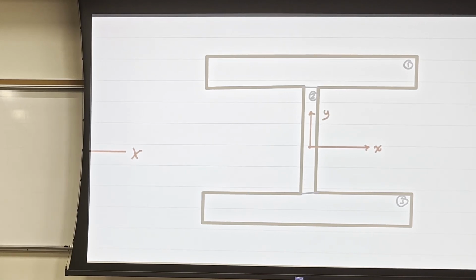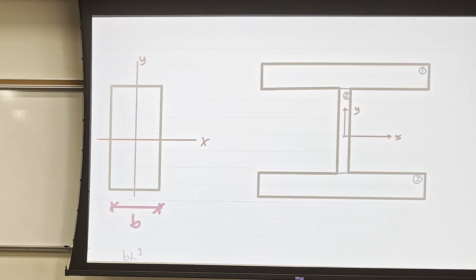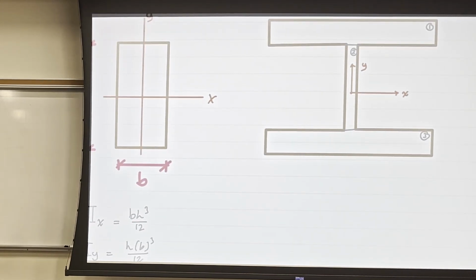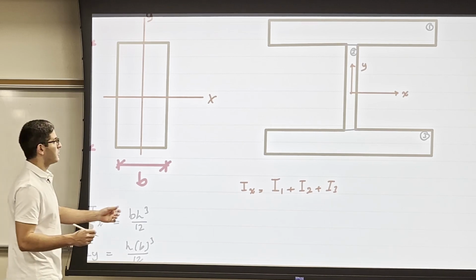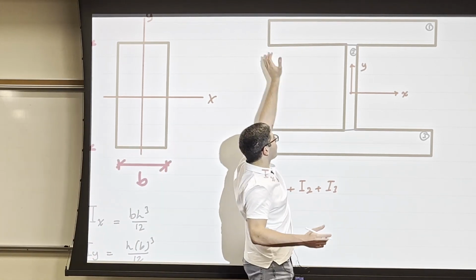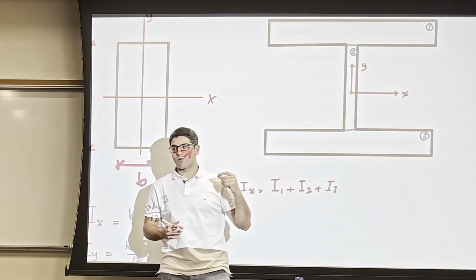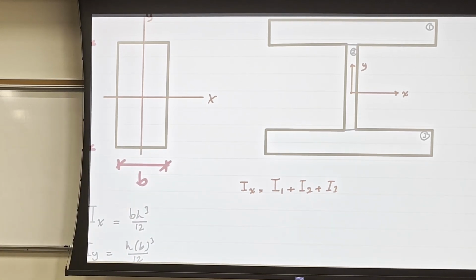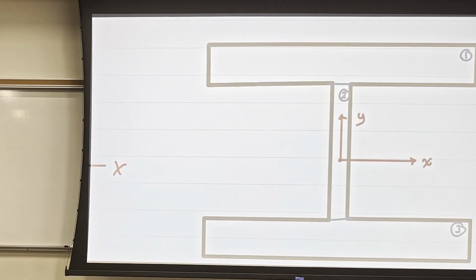So now, if I want to find the moment of inertia, I do have 3 shapes, I1 and I2 and I3. Let's say I want to find Ix for this whole shape. So I will say I1 plus I2 plus I3. 1 and 2 and 3 here mean 1 for area 1, 2 for area 2, and 3 for area 3. So for I1, I want to first find the centroid of area 1.